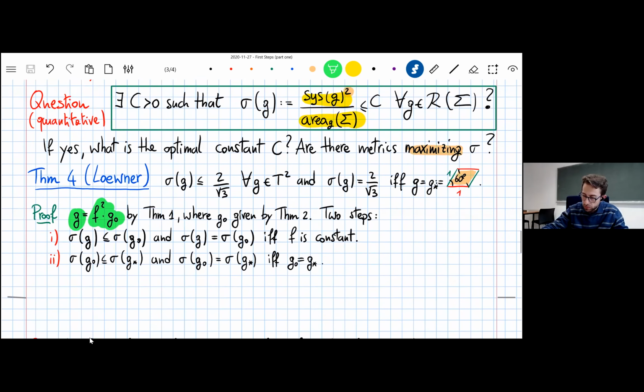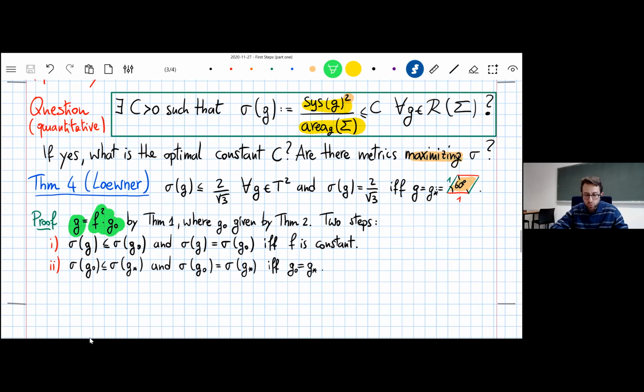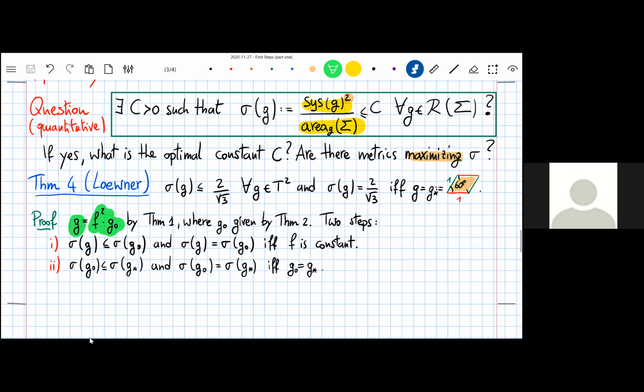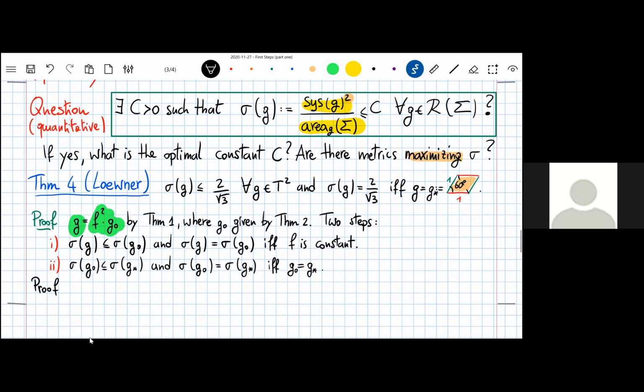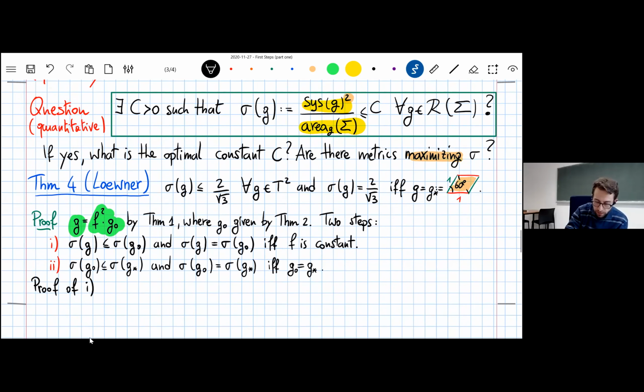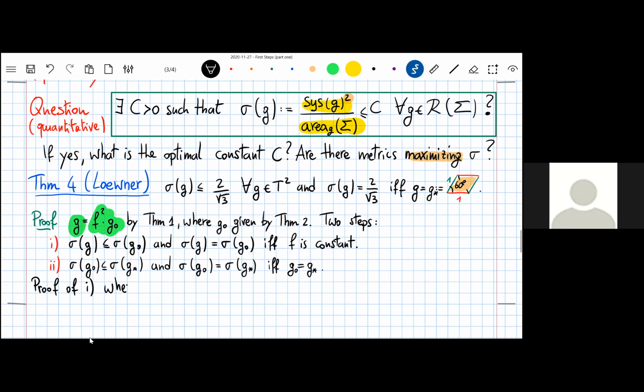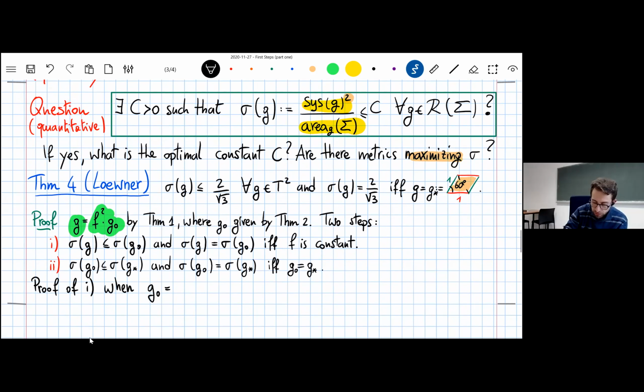Now maybe this was already motivation for 2. Now maybe I can give a short motivation for 1. So let's do a kind of proof of 1, let's say in a particular case, when this g0 is actually the parallelogram which has right angles.